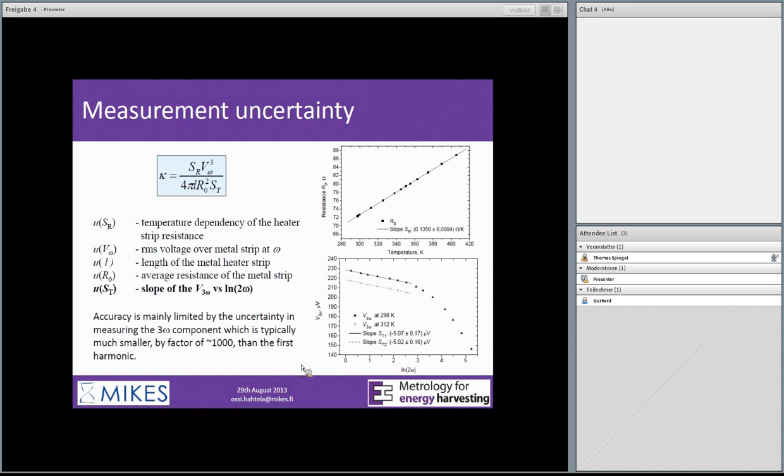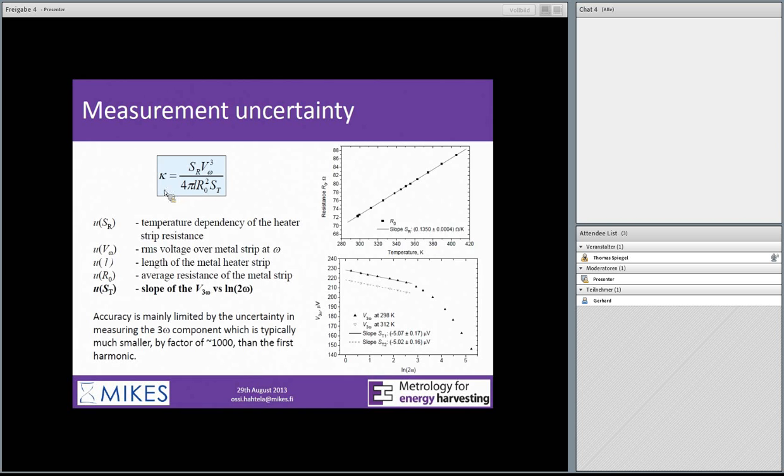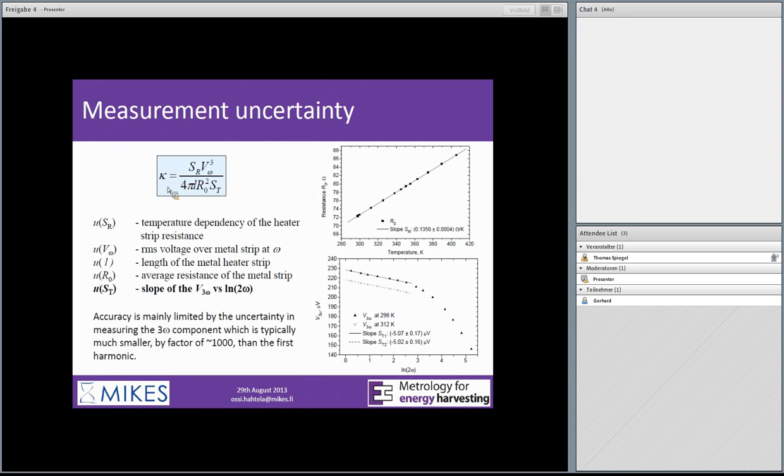Then a few words about measurement uncertainty analysis. In practical measurements, we use this equation for calculating the thermal conductivity. The potential error sources or uncertainty sources are listed here.